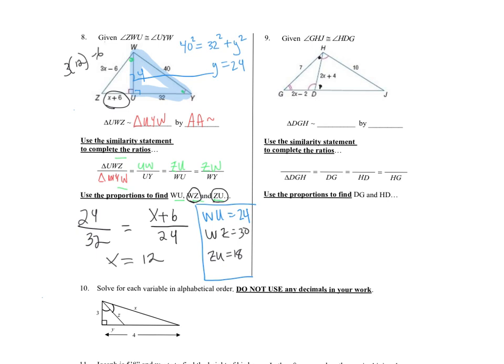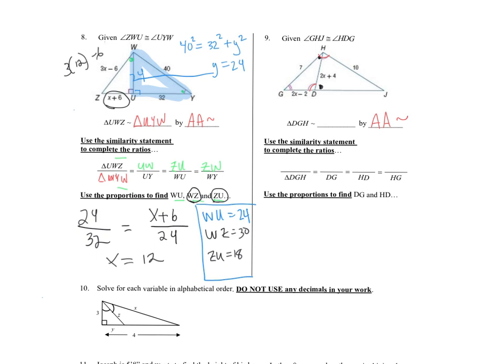And so then if we know that we have this angle to this angle, and as well this angle to this angle, then I'm going to say that this is going to be by angle-angle similarity.